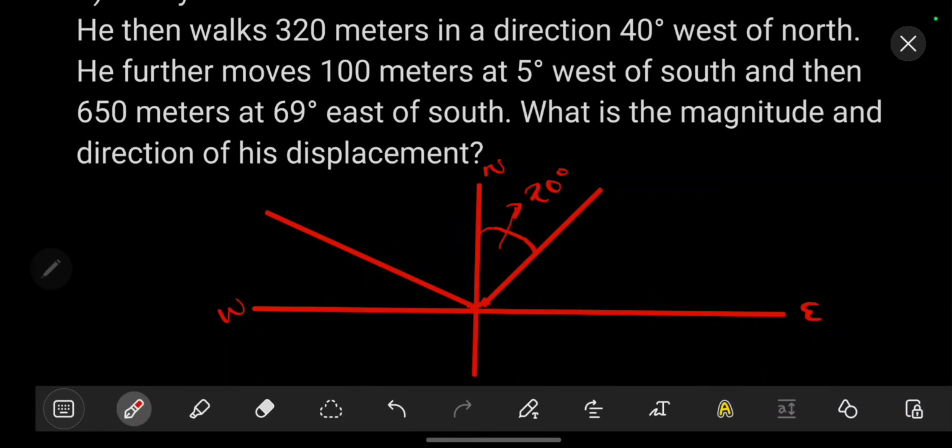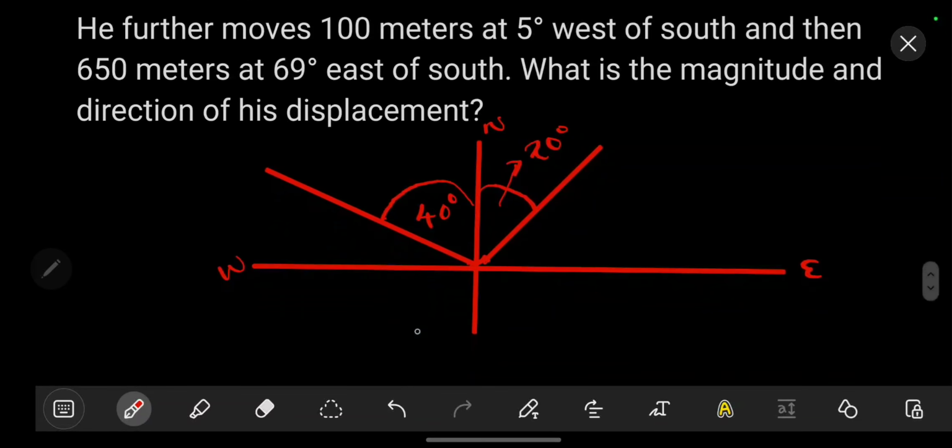Now they have said 40 degrees west of north. So where is the 40 degrees? We begin at our reference point, the north, and move towards the west. That's the meaning. So the 40 degrees should be here. Then he further moves 100 meters at 5 degrees west of south.